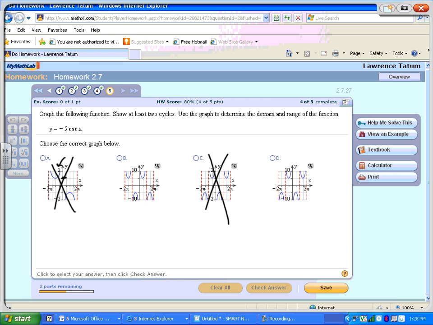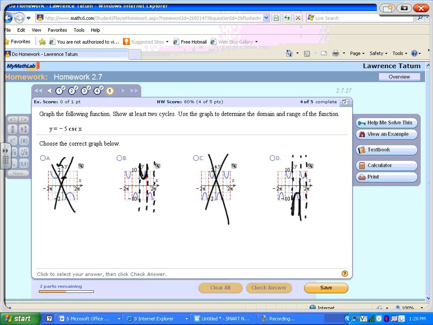Okay, now let's notice the difference between B and D. Again, where we were undefined, those dotted lines, was at 0, pi, and 2 pi. That seems to be okay. Now over here you got 0 and then pi and 2 pi. Okay, so that's the same. So what's different here is the first curve that we've got, that one's going up, and then this one's going down.